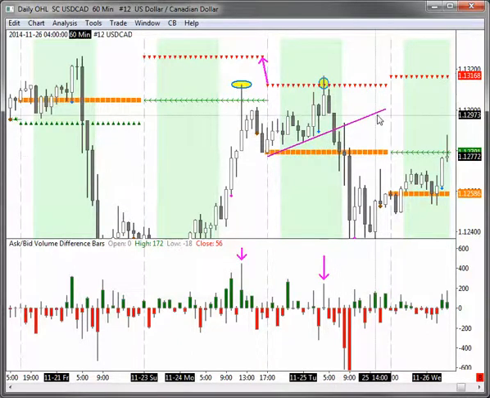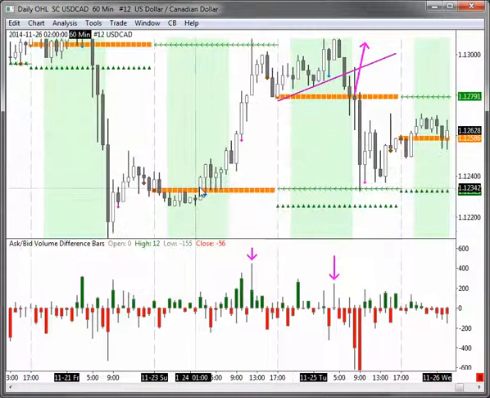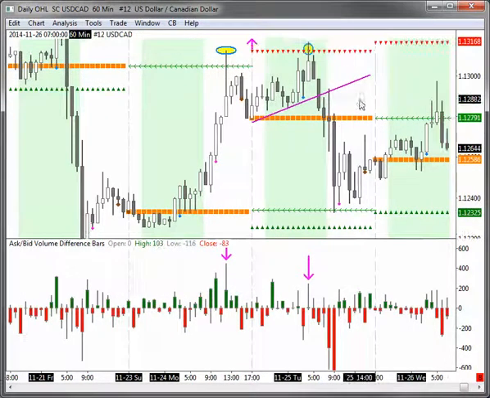I could put in a trend line here like that. I become aware of where my daily open is, and because I'm this far from it, if I get to it, I should expect it to put up a resistance and move price back up, like it did over here. And if it doesn't put up a resistance, then chances are it's going to go below it and then further down.